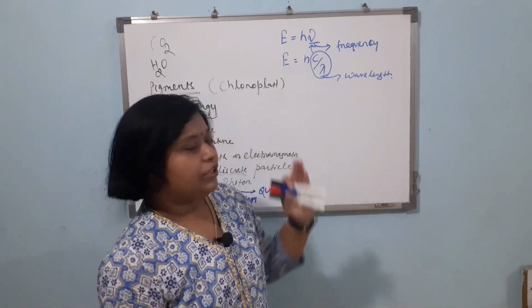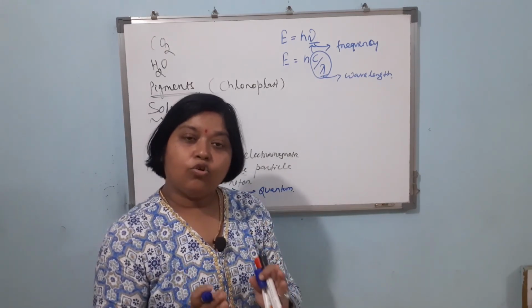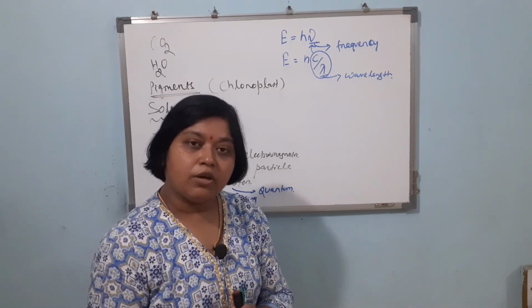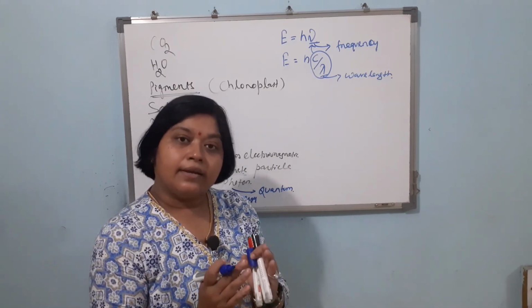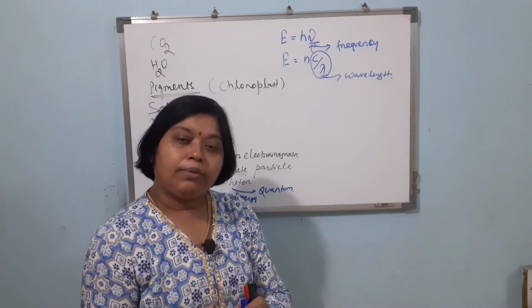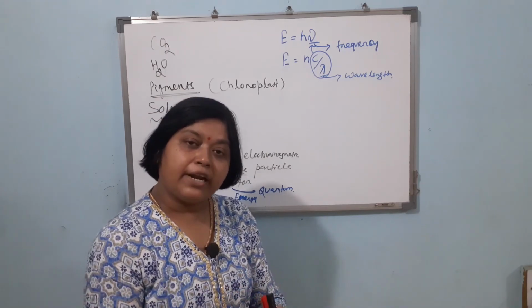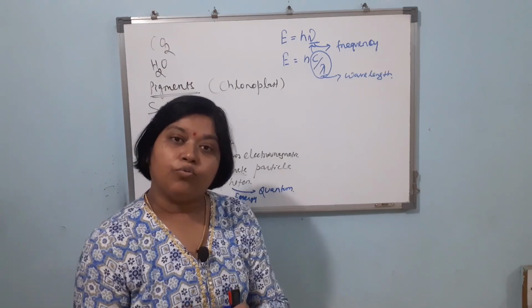On the basis of wavelength, the electromagnetic spectrum comprises cosmic rays, gamma rays, X-rays, ultraviolet, visible spectrum, infrared, electric and radio waves.